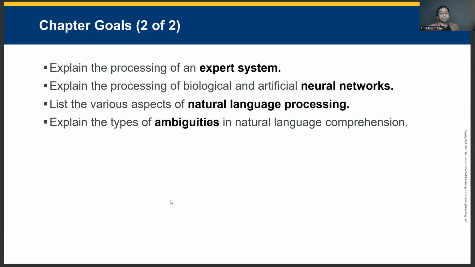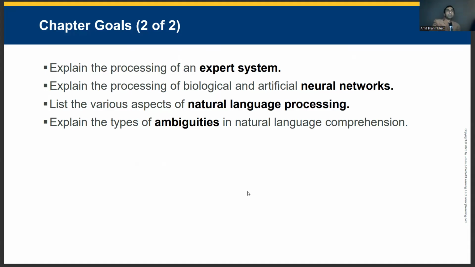Then we'll look at natural language processing, an important field that deals with speech recognition, speech synthesis, and language comprehension. Finally, we'll examine the different types of ambiguities in human language, one of the biggest challenges for AI. These goals prepare us to understand intelligence both biologically and computationally.